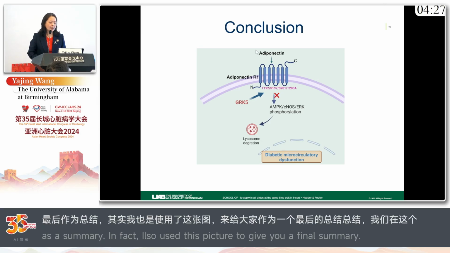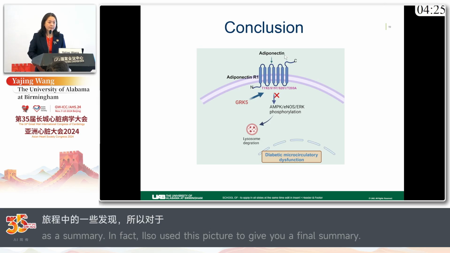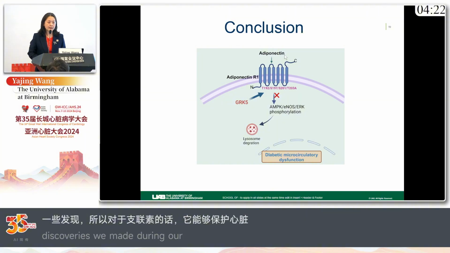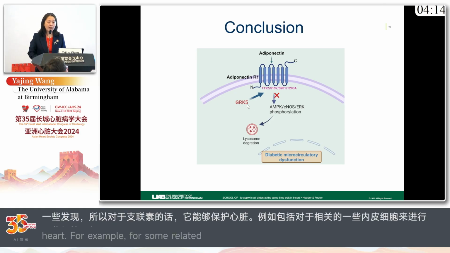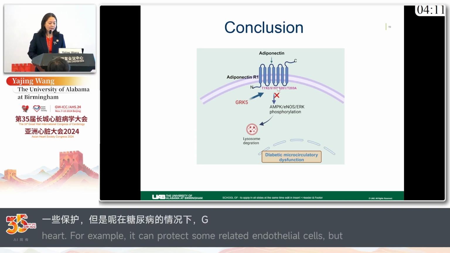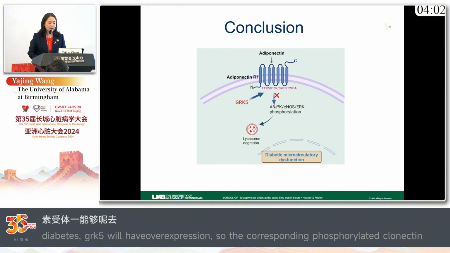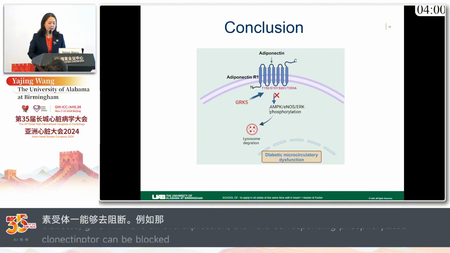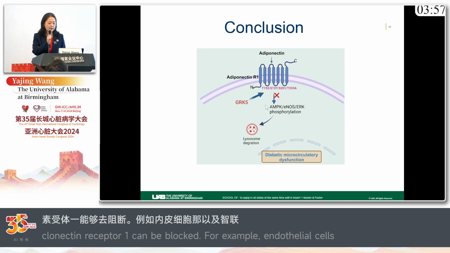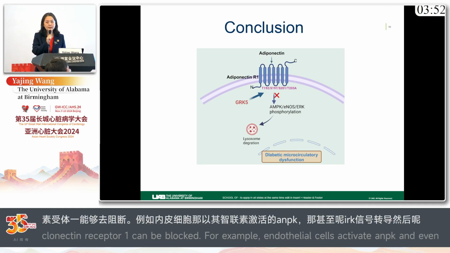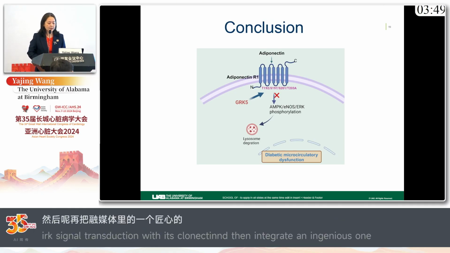We know adiponectin can protect the heart through the cardiomyocytes and cardiac microvascular endothelial cells. However, in the diabetic situation, GRK5 is overexpressed and phosphorylates adiponectin receptor 1, which can block adiponectin-activated AMPK, eNOS and even ERK signalings in endothelial cells, and then activate lysosome degradation, so adiponectin could not protect the endothelial cells anymore.